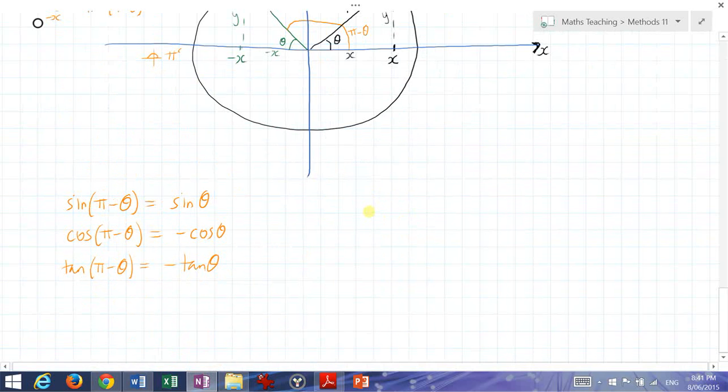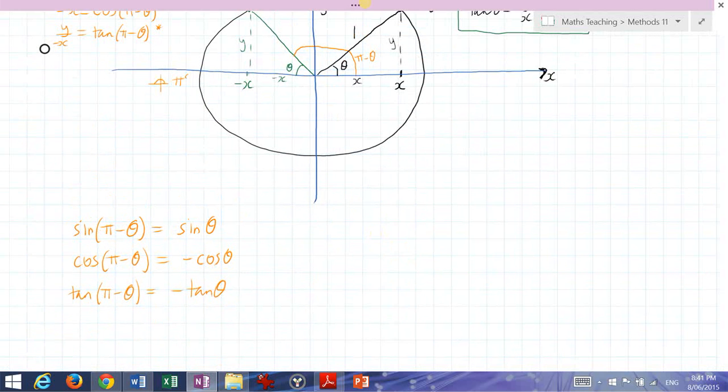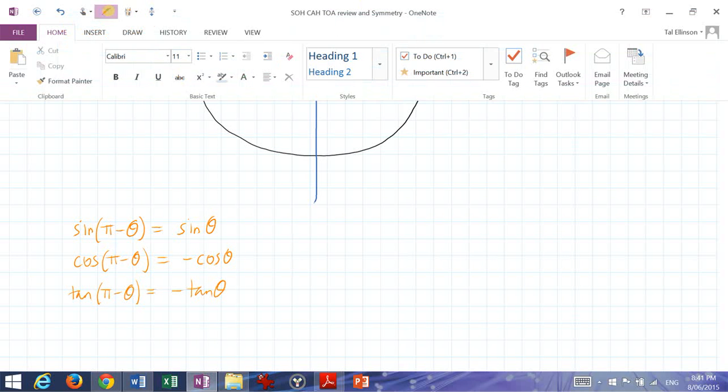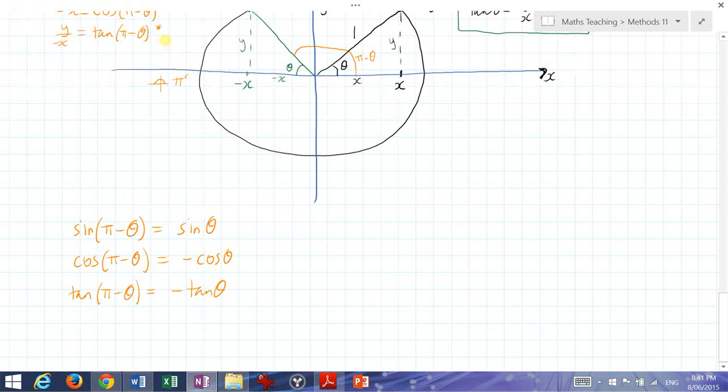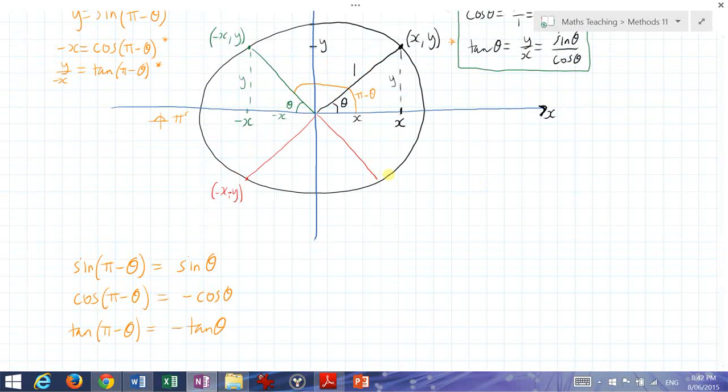If you were to draw more triangles, and you can do this as an exercise yourselves if you like, and think of more coordinates, that's negative x and negative y, and this one down here, pretend that it's all symmetrical, that would be x and negative y.